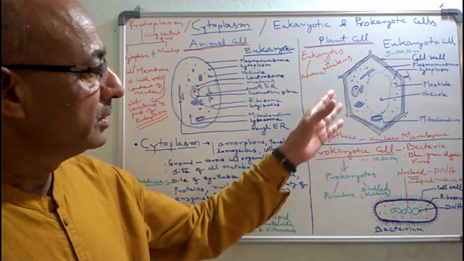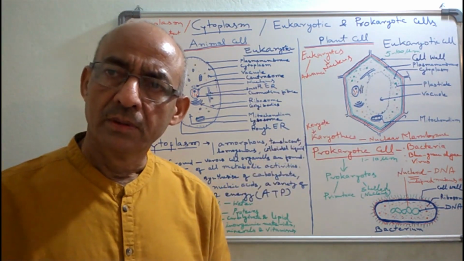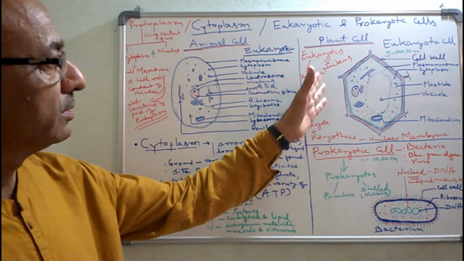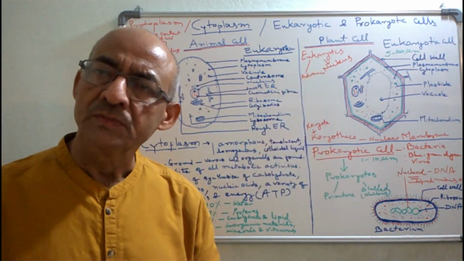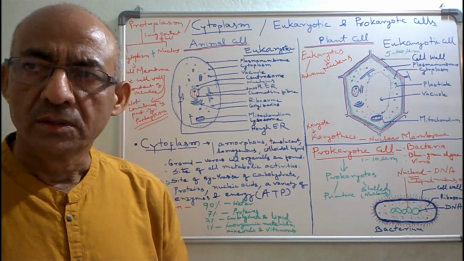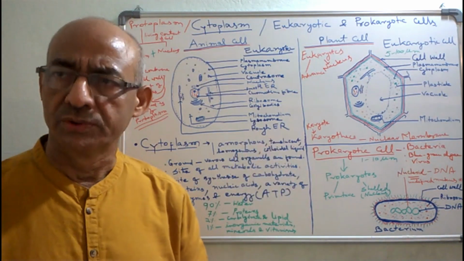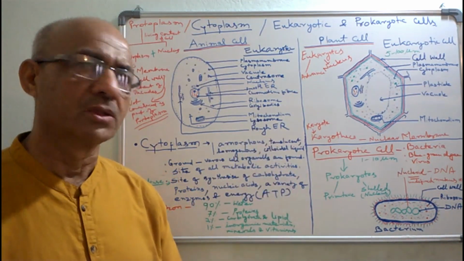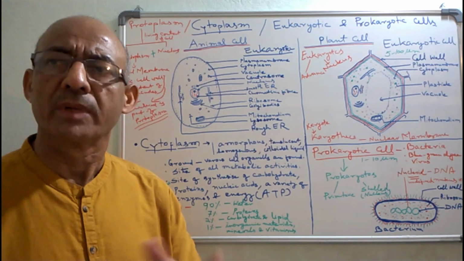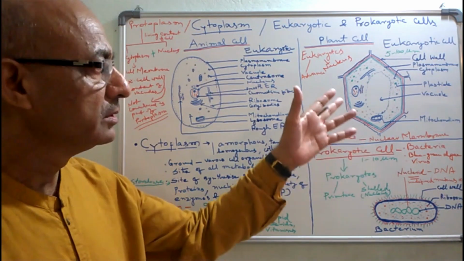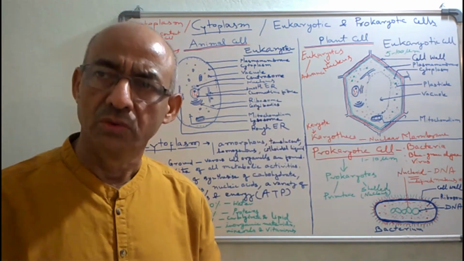But here, in the case of eukaryotic cells, all the membrane-bound cell organelles, including a well-defined membrane-bound nucleus, are found in the cytoplasm of the eukaryotic cells.